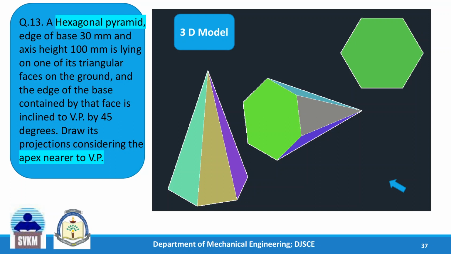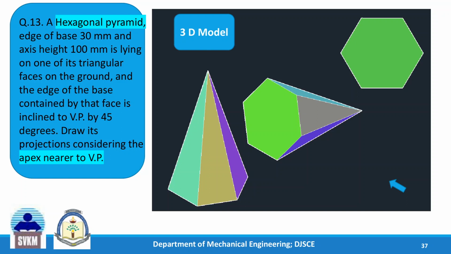We are going to turn it such that this is making 45 degrees with VP. VP is here on this side. So this is making 45 degrees with VP, and we will see it here. So this is what is visible. We will draw that in the solution.